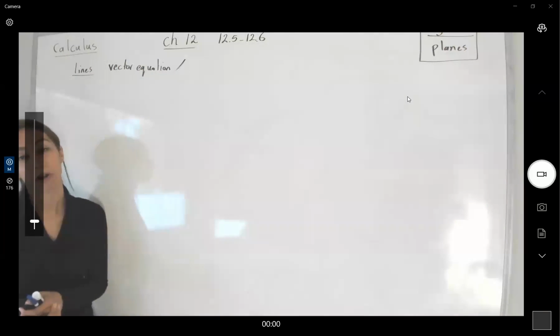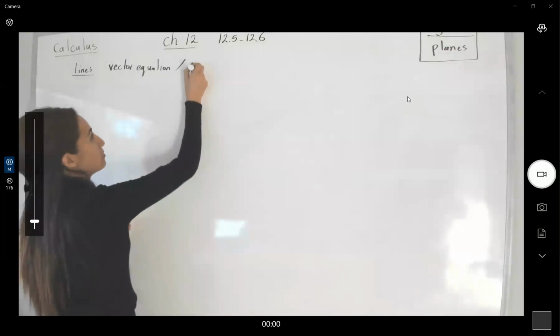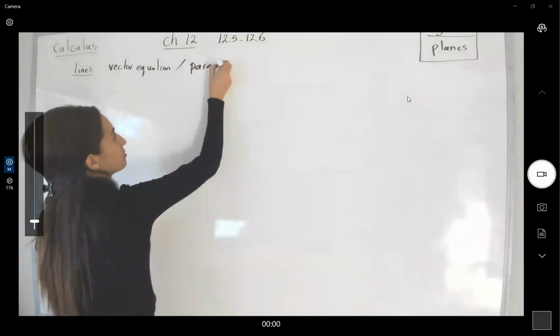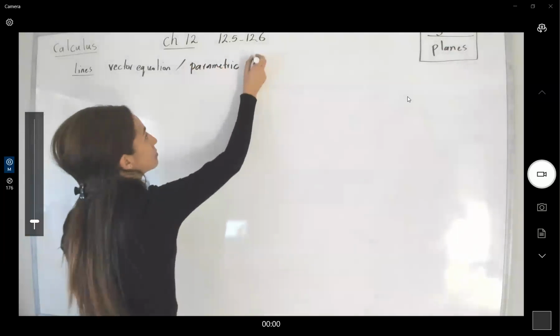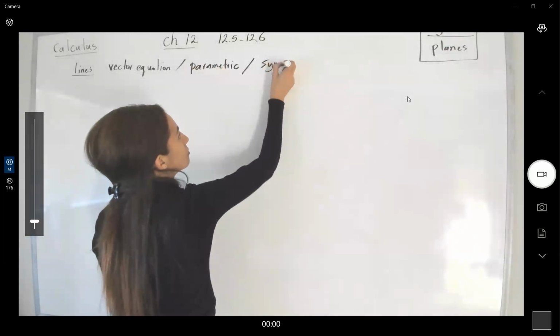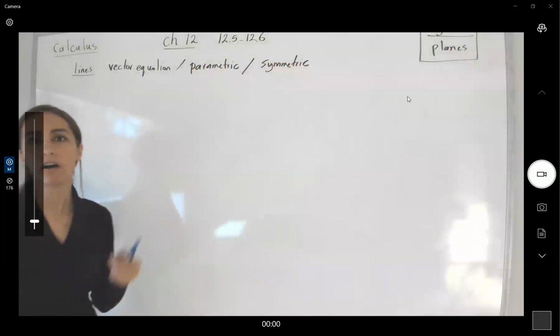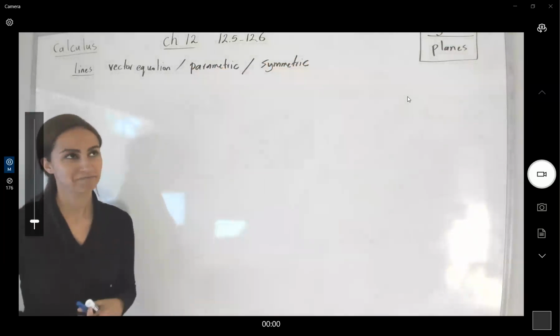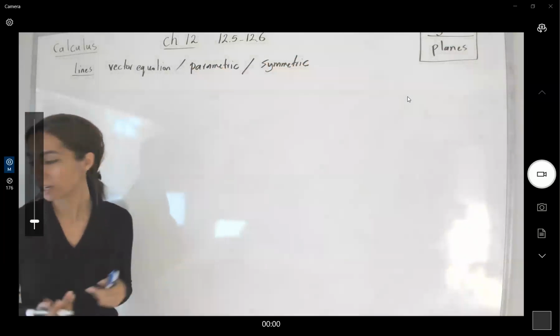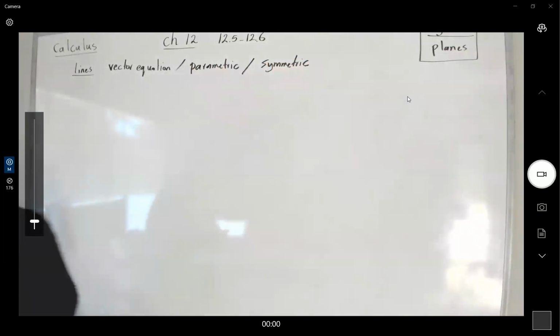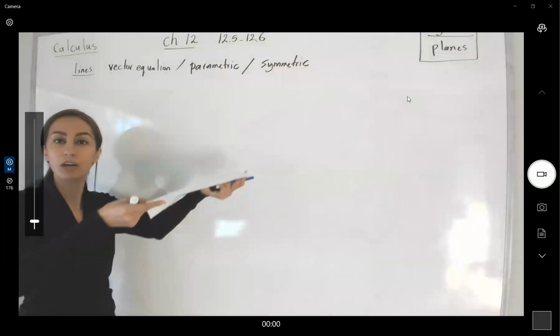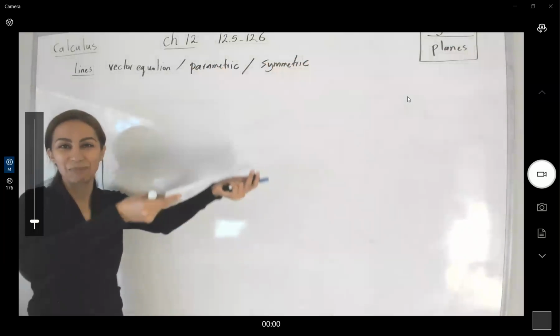Then we talked about the parametric equation for the line. So we are all familiar with lines. The next thing that we're going to talk about are planes. So now we're going to talk about planes in space.